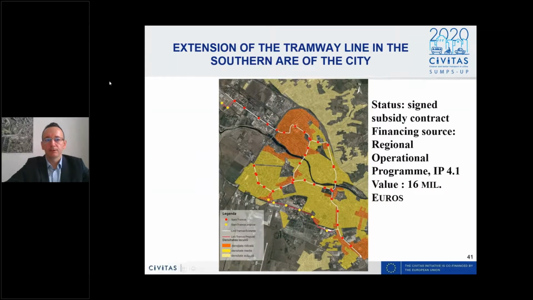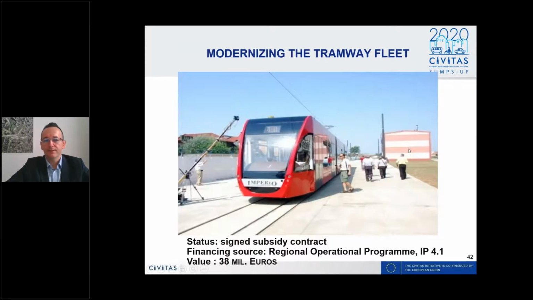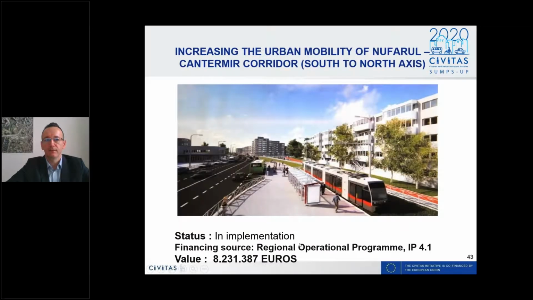Another important project was related to the extension of the tramway line in the southern area of the city, 16 million euros funded by the European Union Regional Operational Program. The same, the modernizing of the tramway fleet. We will procure 20 new tramways for the public transport service at the level of the city of Oradea.